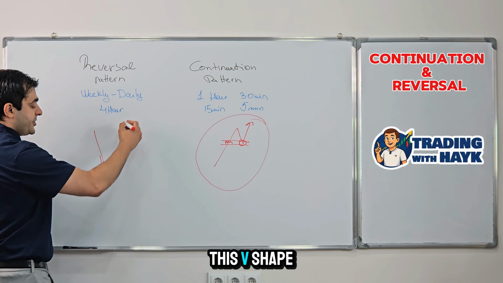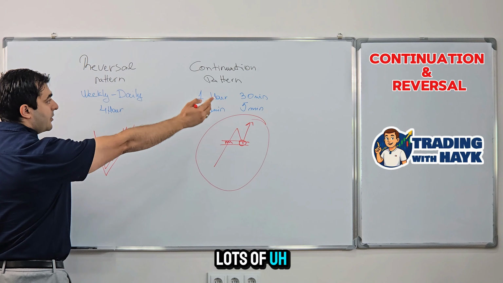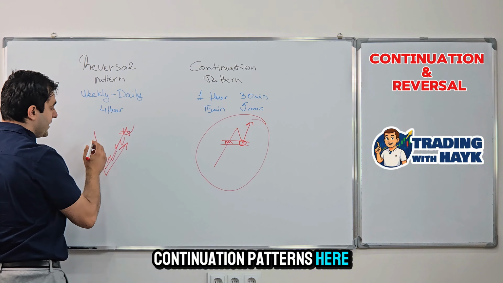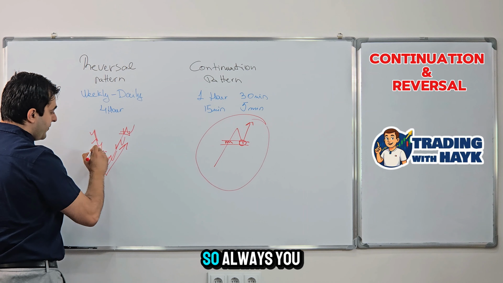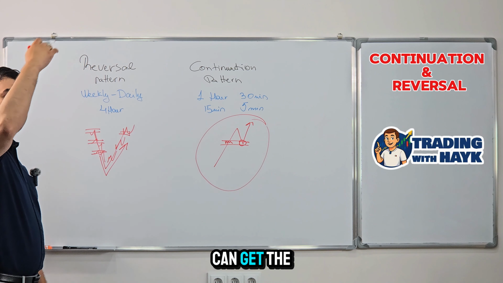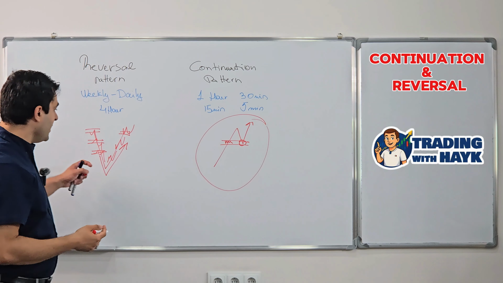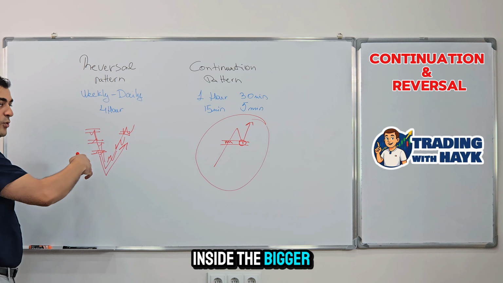Inside of this V shape here, you can find lots of continuation patterns. The same applies here, okay? So always you can get the continuation patterns on the smaller ones inside the bigger ones.